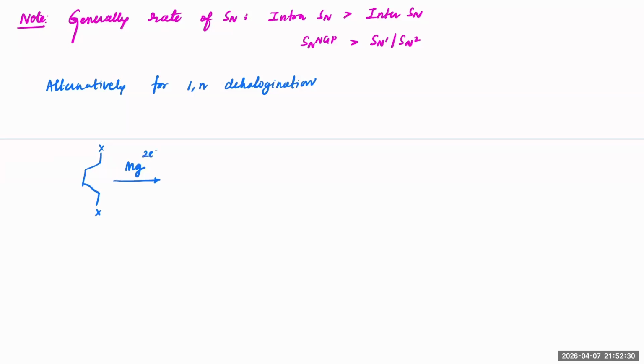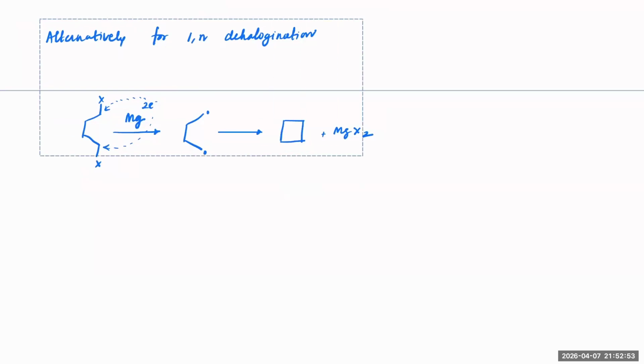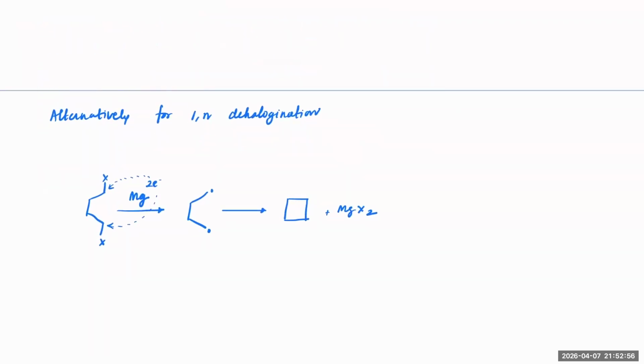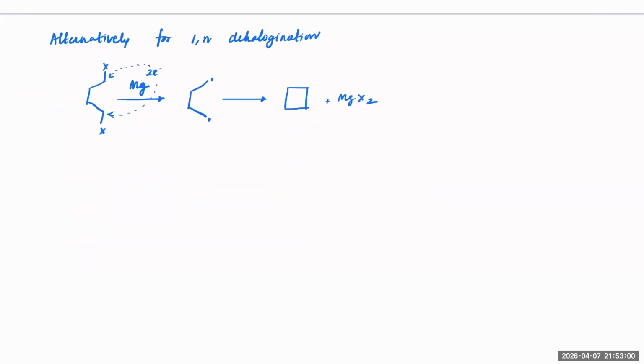So 1 electron will go here and 1 electron will go here. When it goes, you can see a dot and dot forming, and that dot and dot will convert into this cyclobutane form plus MgX2. So this is how you can see internally the termination can take place to get this cyclobutane.